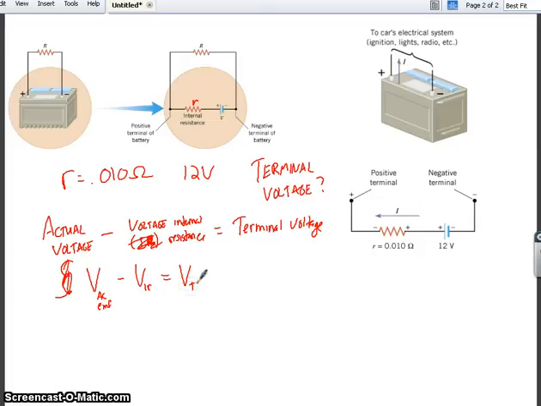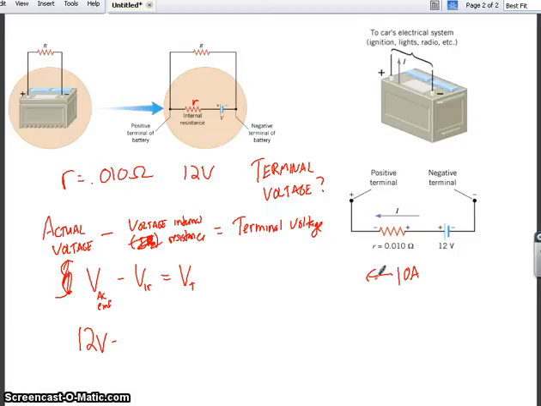So our voltage for this battery, the voltage that it is rated at, the EMF, is going to be 12 volts. How many volts are we going to lose to internal resistance? Well, in this problem, we're going to state up front that the current is 10 amps. It's flowing at 10 amps, so that has to be given to you.